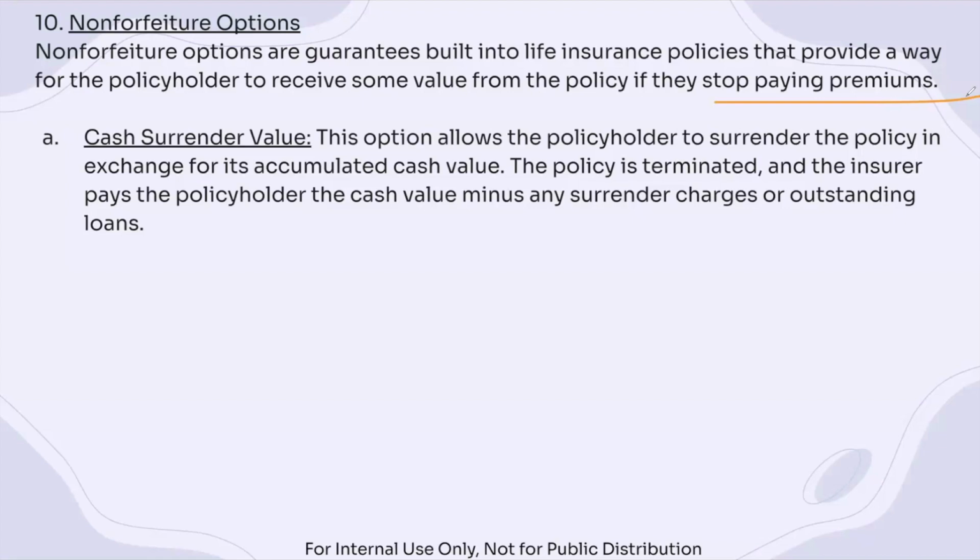I've already paid maybe thousands and thousands of dollars in premiums, and due to some circumstance, I can't pay anymore. So what happens now?